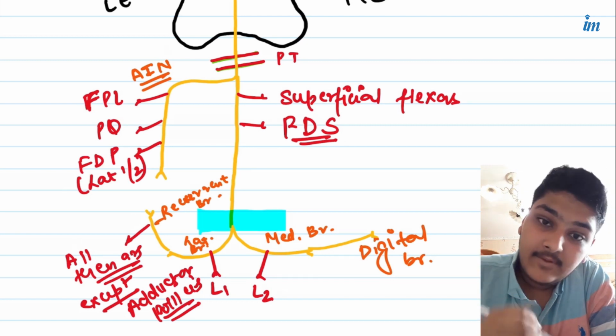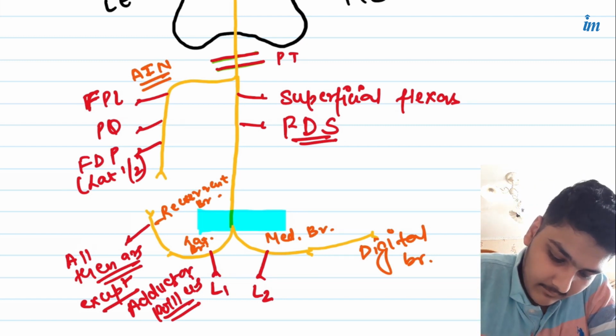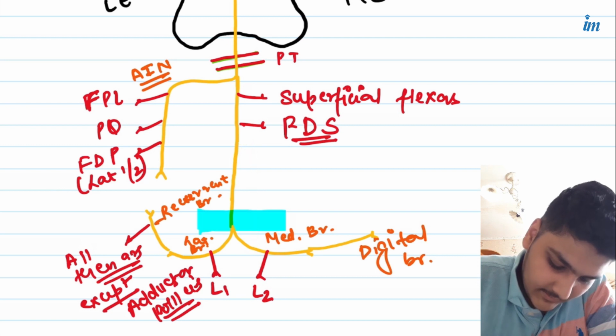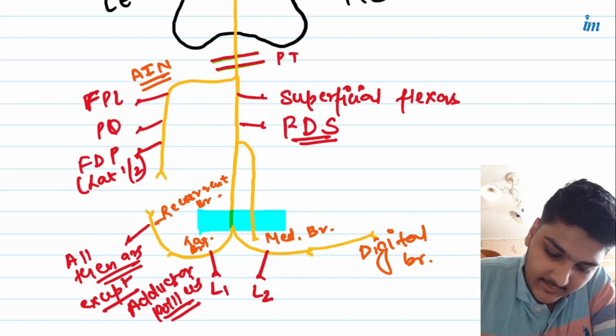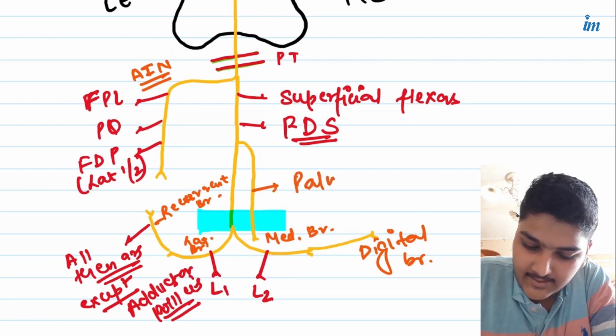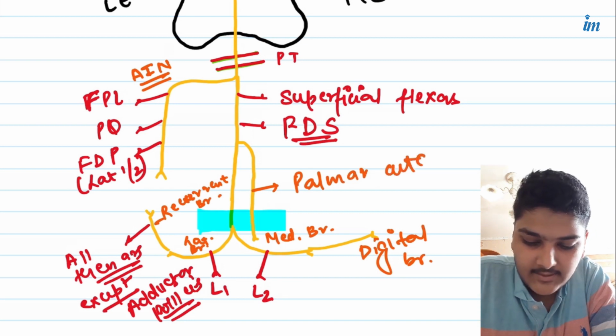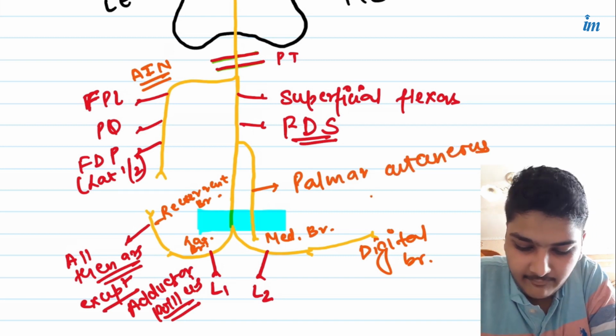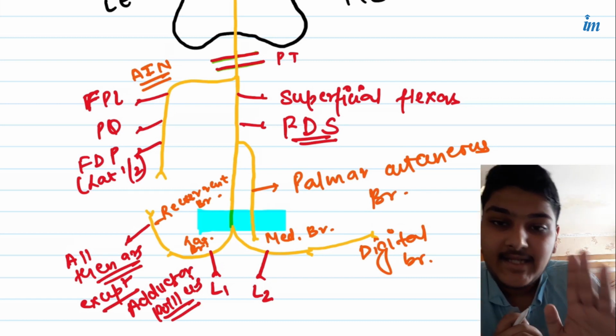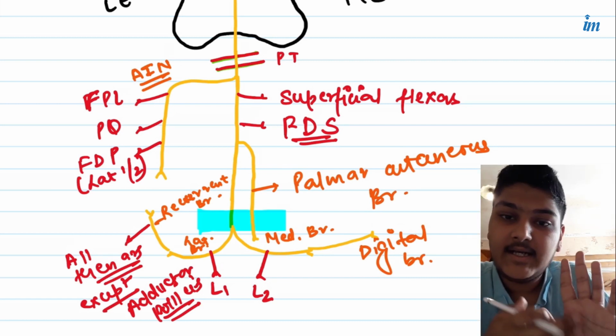And the median nerve will also give off a branch, that is the palmar cutaneous branch. As the name suggests, it is a cutaneous branch that will supply the palm. What side of the palm? It will supply the lateral 2.5 or 3.5 of your palm.